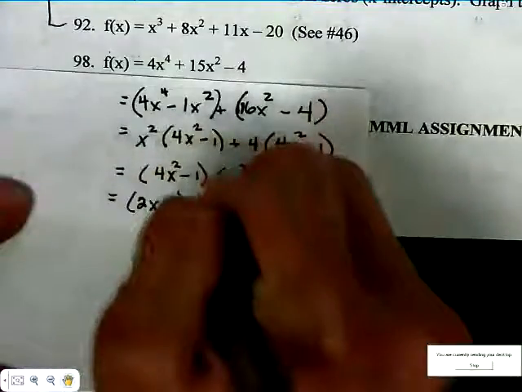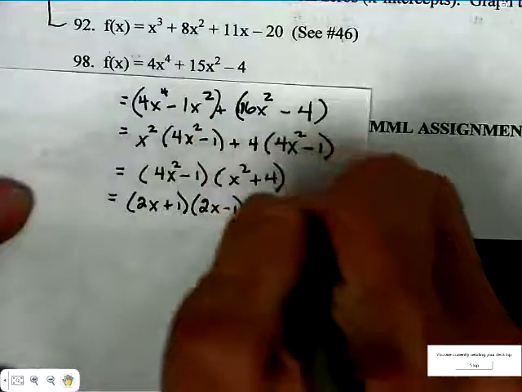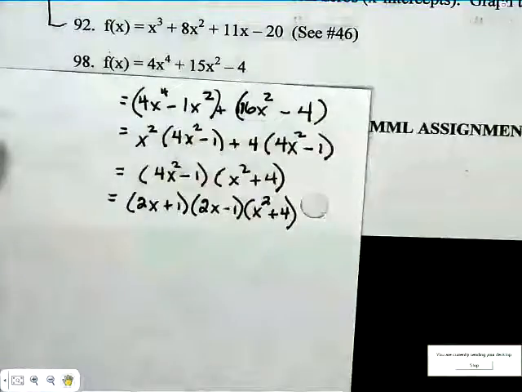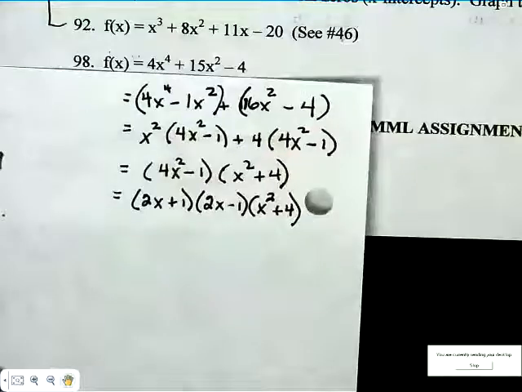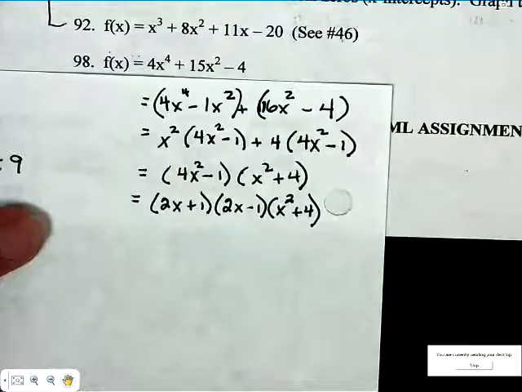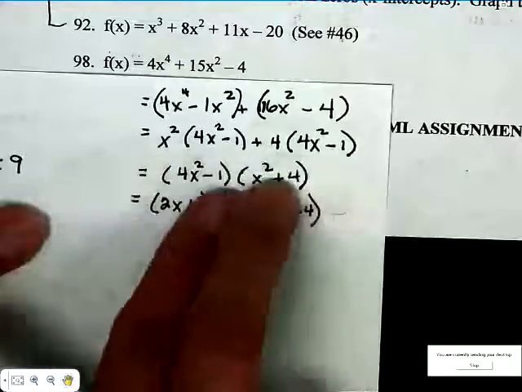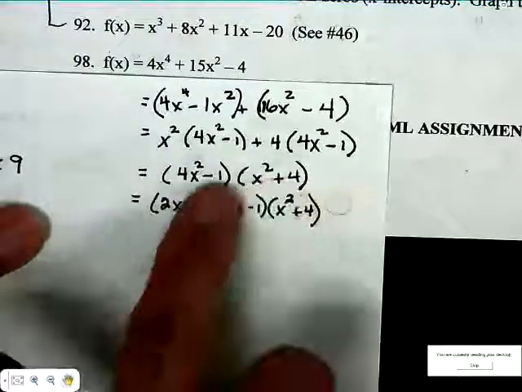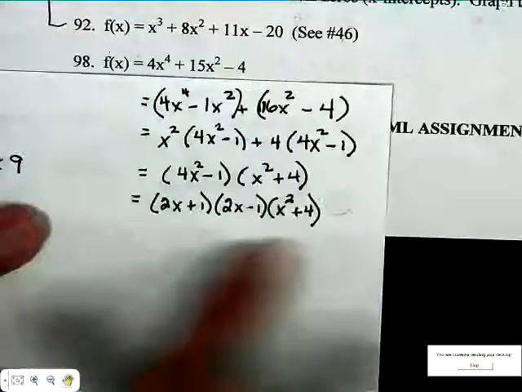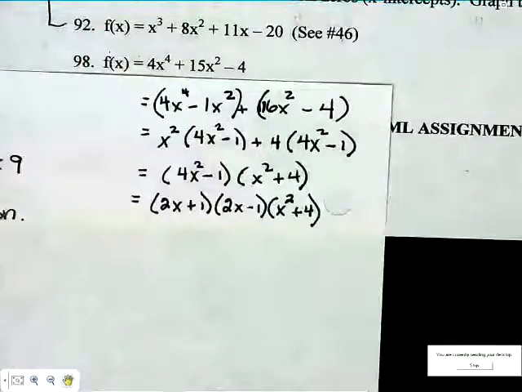That's the difference of two squares. There's 4x squared, 16x squared minus 1x squared is 15x squared minus 4, and then that factored further. It would multiply back together to give me a fourth degree polynomial, so I'm pretty confident.